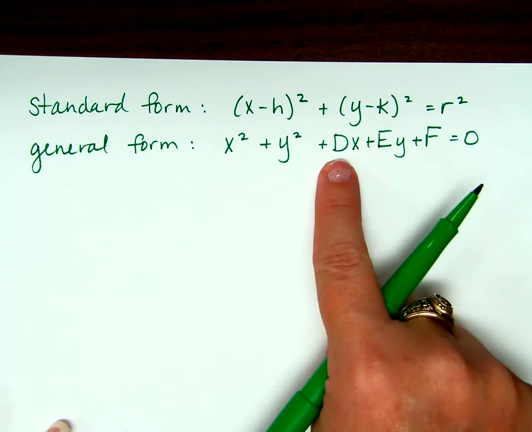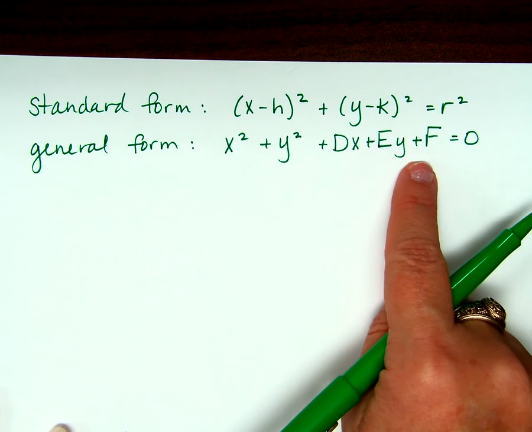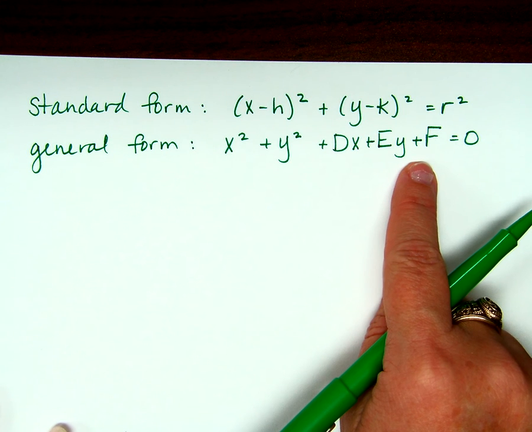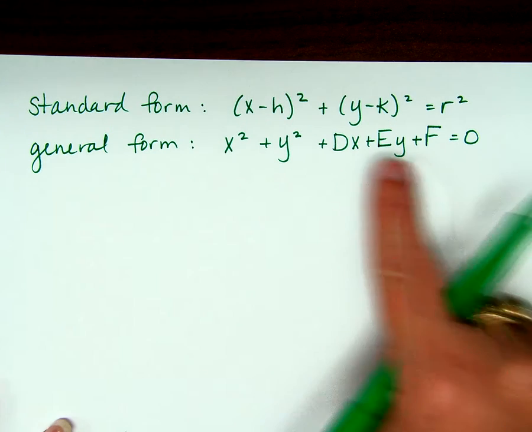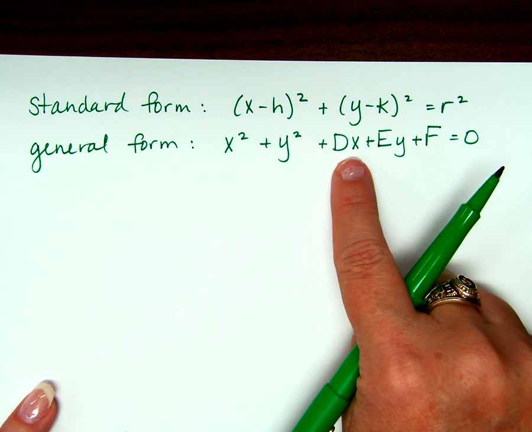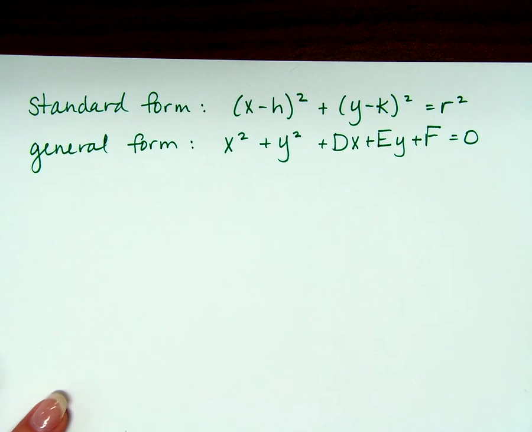Now, please keep in mind these were different letters than we used in Algebra 2. They're not wrong, they're just different. Okay? And I always want you to realize that D, E, and F are real numbers.